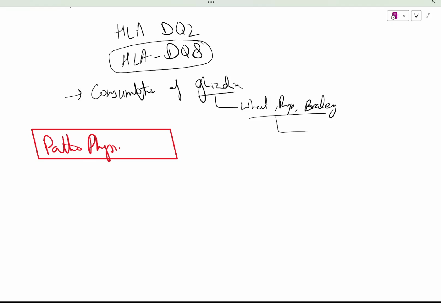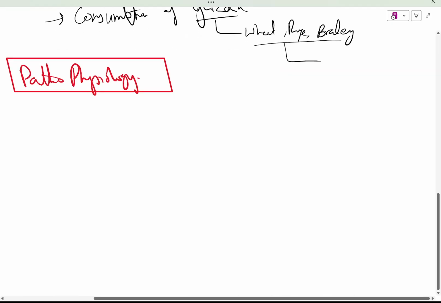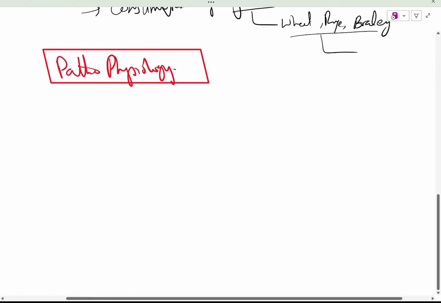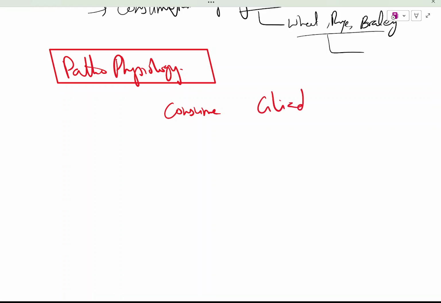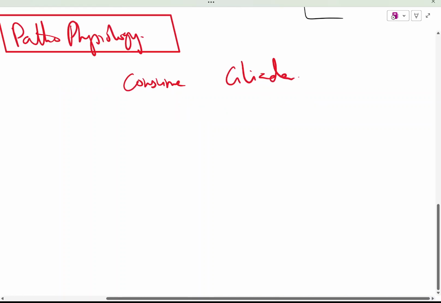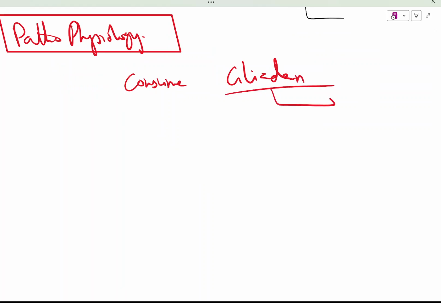You have to understand me very clearly. Symptoms manifest when a patient consumes gliadin. There is an immunological response to gliadin. This gliadin is a product of gluten, and gluten is present in wheat, rye, barley.